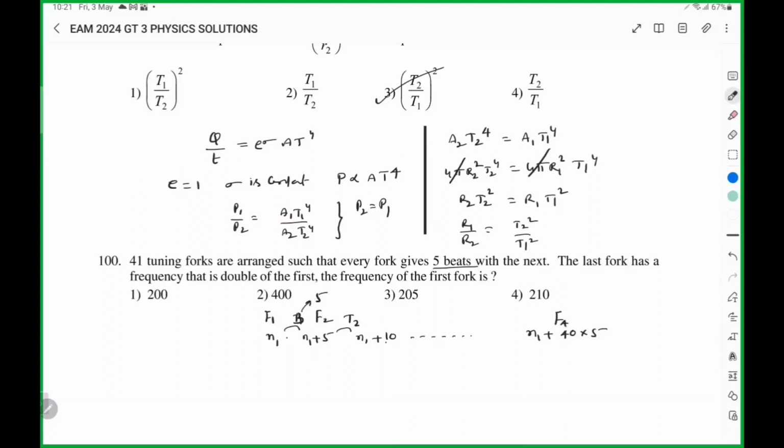It is 40 first one. So he told N1 plus 200 is 2 times N1, which implies N1 is 200 hertz.